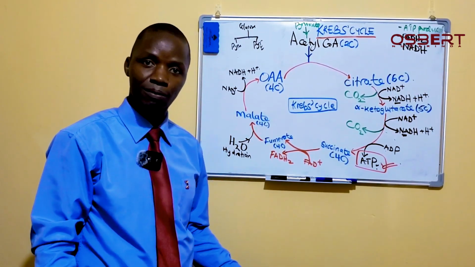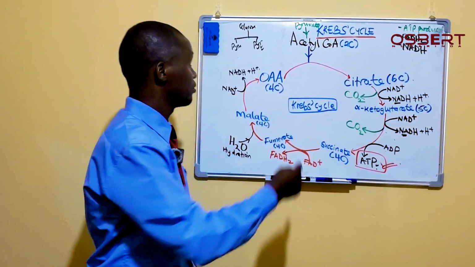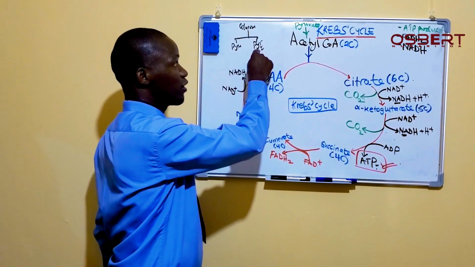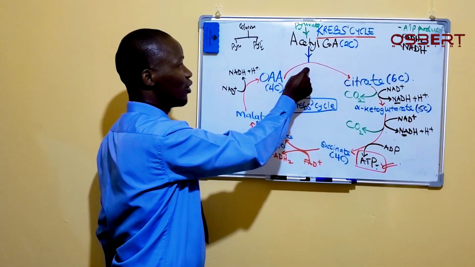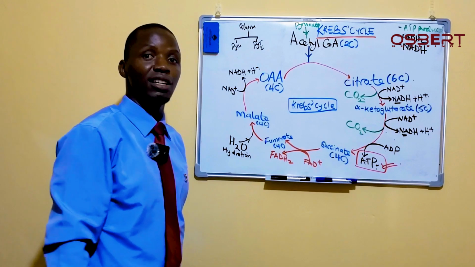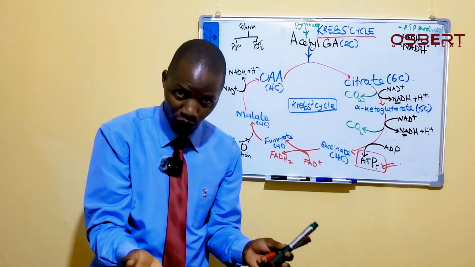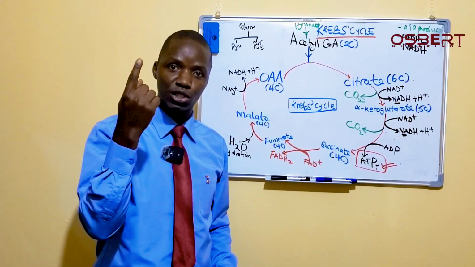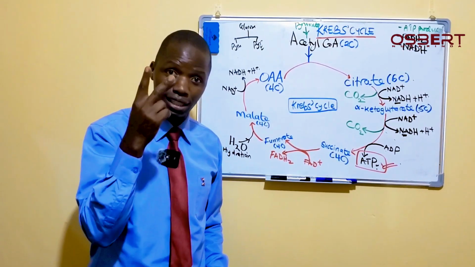So in short, for every glucose molecule which is giving us two pyruvate molecules, and each pyruvate molecule in Krebs cycle is giving us one ATP, that means in total within the Krebs cycle, if we have a single glucose molecule, you are able to produce two ATPs.